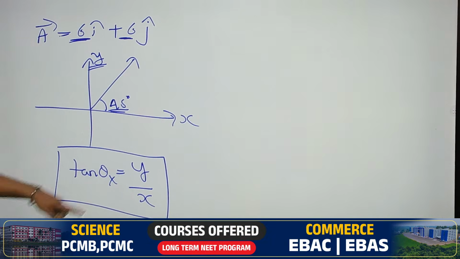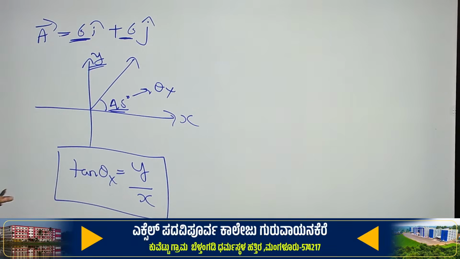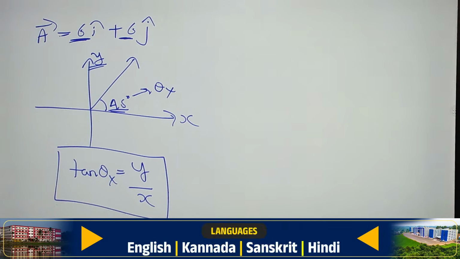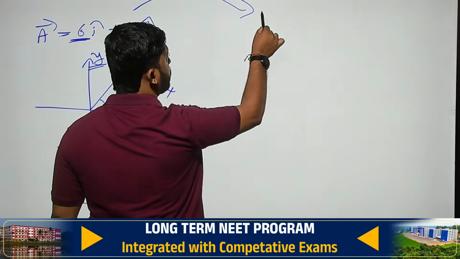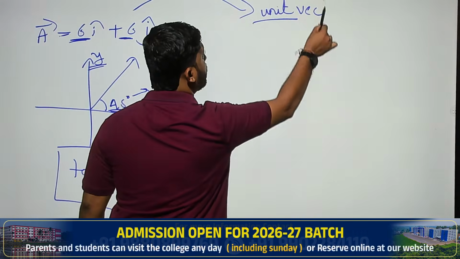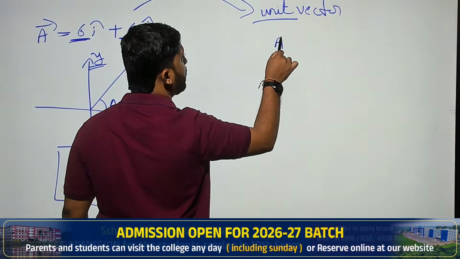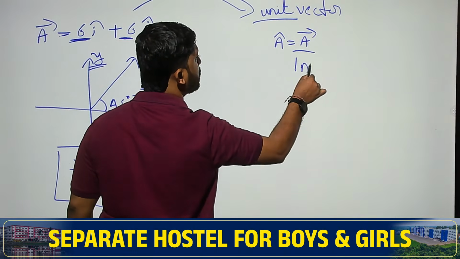What is theta x? Theta is the angle made by vector with x axis. Okay, try to find the unit vector of this one. Try to find the unit vector by using this formula: A cap is equal to A vector divided by modulus of A vector.